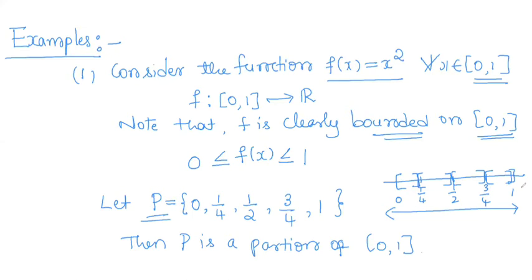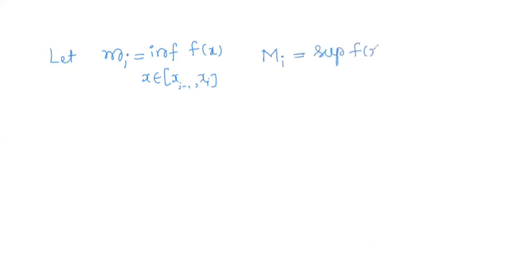Now, for each of these subintervals, we'll define infimum and supremum, right? So let mi be the infimum of f of x as x varies over the closed interval xi minus 1, xi, and capital Mi be the supremum of f of x as x varies over the closed interval xi minus 1, xi.